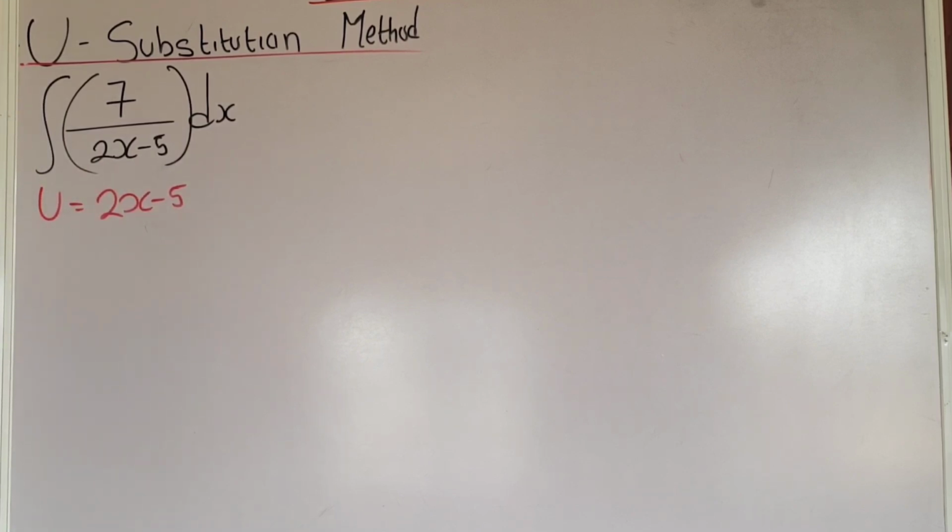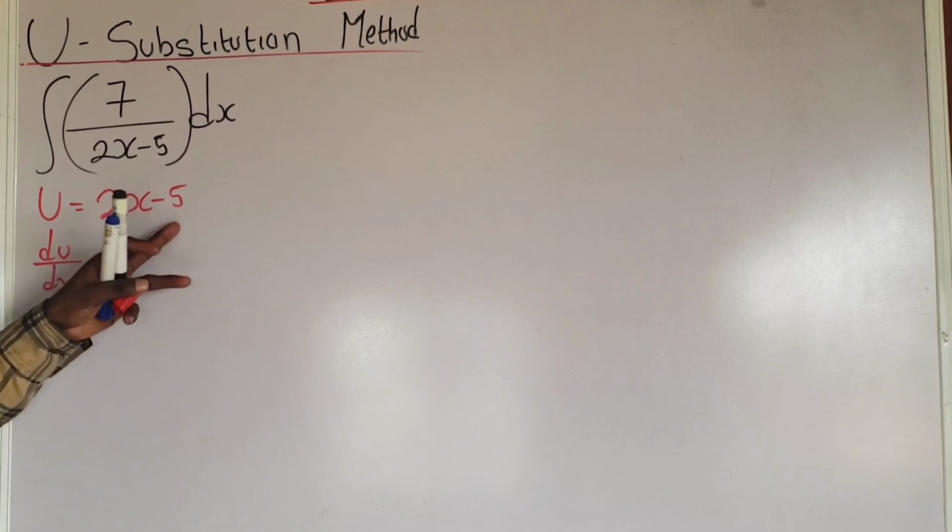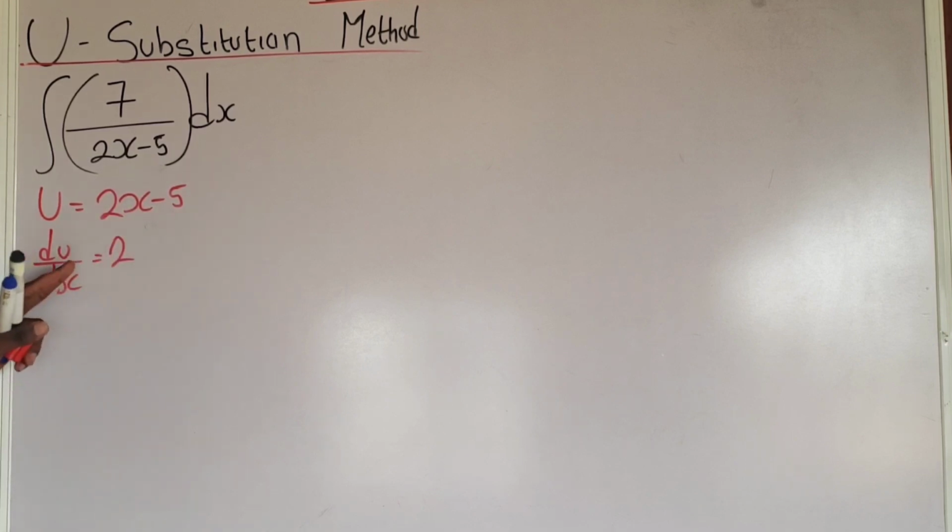Having done that, the next step is that you have to take the derivative of u with respect to x. So I'm going to have du over dx equals, if you differentiate 2x, you're going to have 2. If you differentiate negative 5, you are going to have 0. So the derivative of u with respect to x is 2.